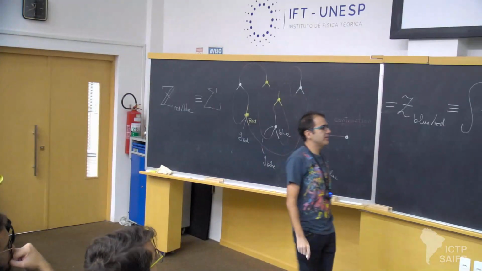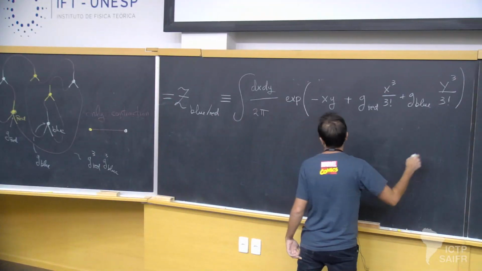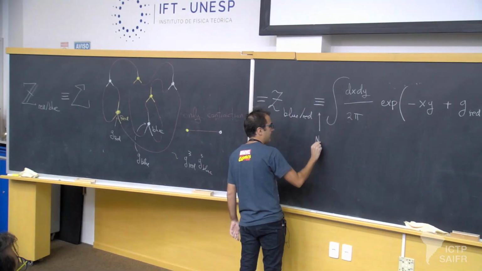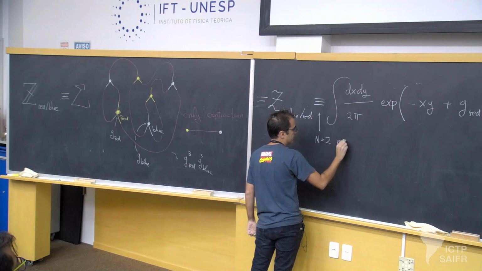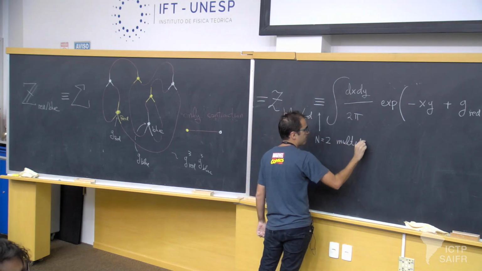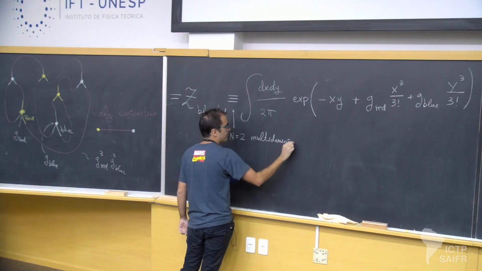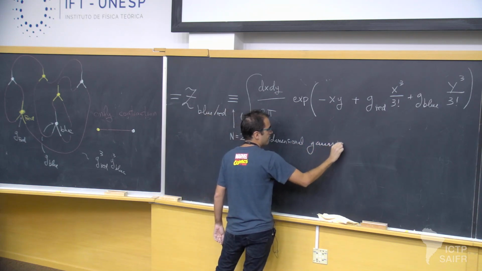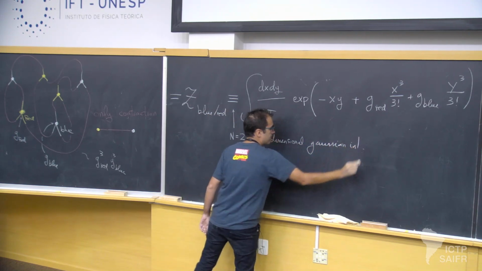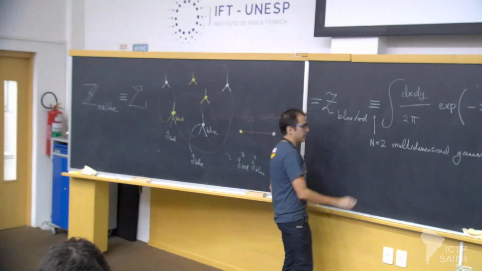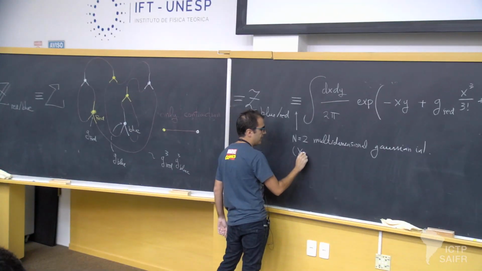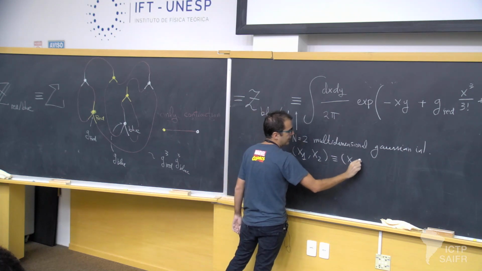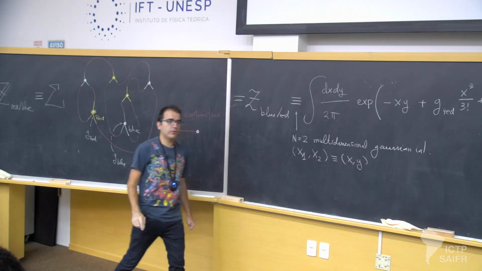And the reason is very simple. You see that here what we are doing is an n equals 2 multidimensional integral. We are doing a multidimensional Gaussian integral where we are calling x1 and x2 x and y, right? That's how the notation goes.